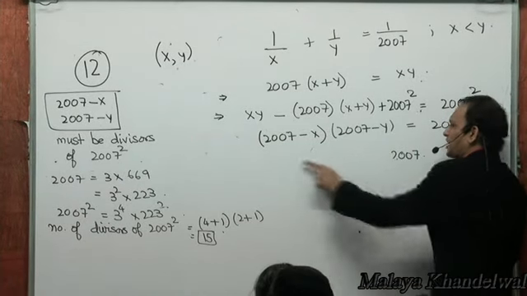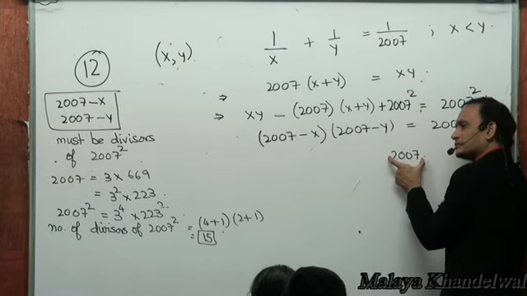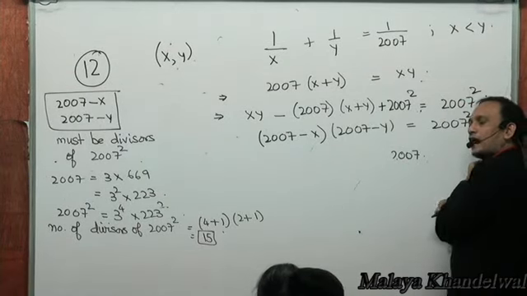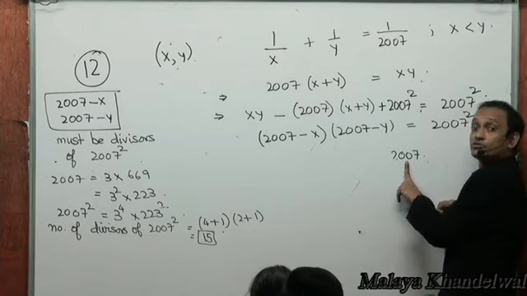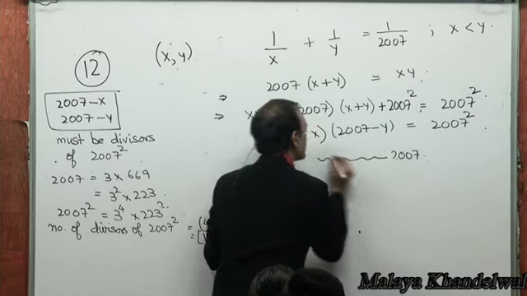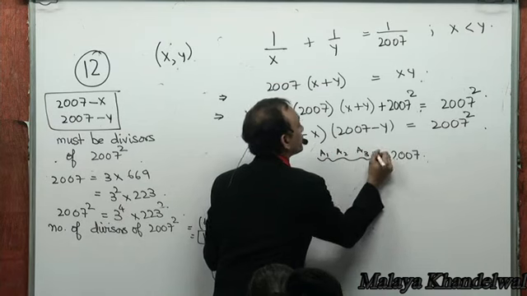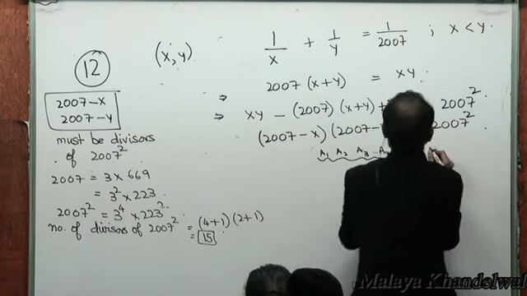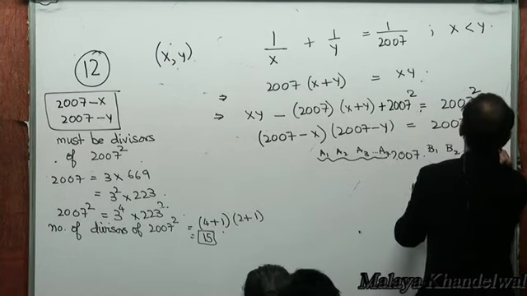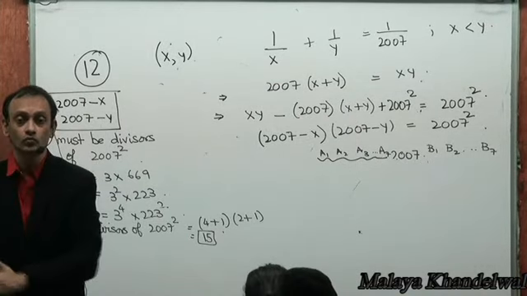Now if I arrange those factors in increasing order, out of 15 factors, 7 of those factors will be before this and 7 will be after this, and this will be exactly halfway between those. Yes or no? So there would be 7 factors before this, say A1, A2, A3 up to A7, and there would be 7 factors after this, B1, B2 up to B7. That makes it 15 factors in all. Yes or no? Right.